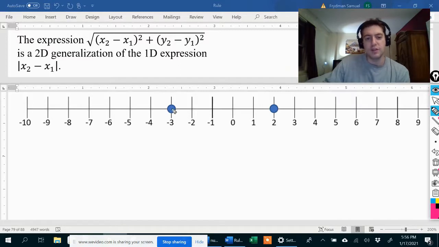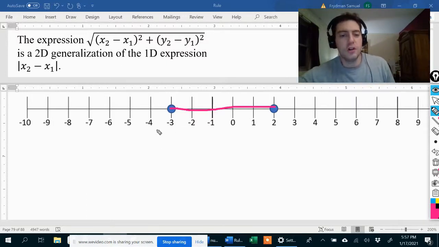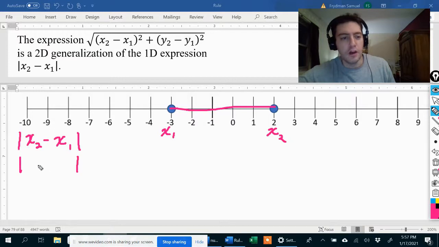Okay, so for example, we can just by counting see that the distance between here and here is 5 units. So if I start here, I can just count. Let me make this a little bit thicker. 1, 2, 3, 4, 5. Okay, but if I just wanted to use this very simple expression over here, then I could call this x1 and I could call this x2, and then I would simply have the absolute value of 2 minus negative 3.